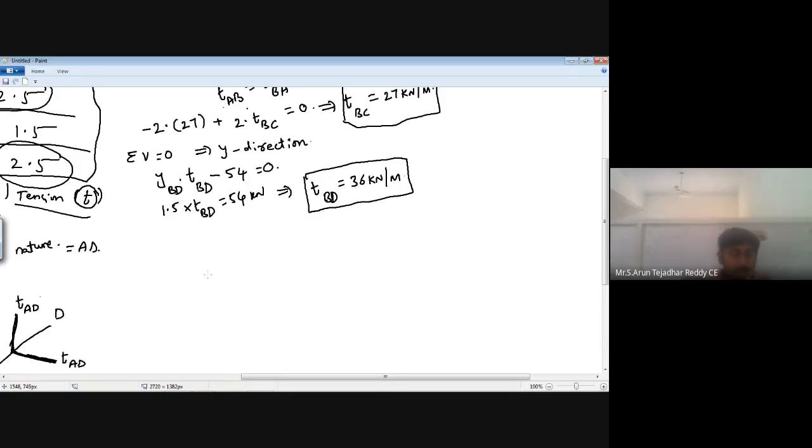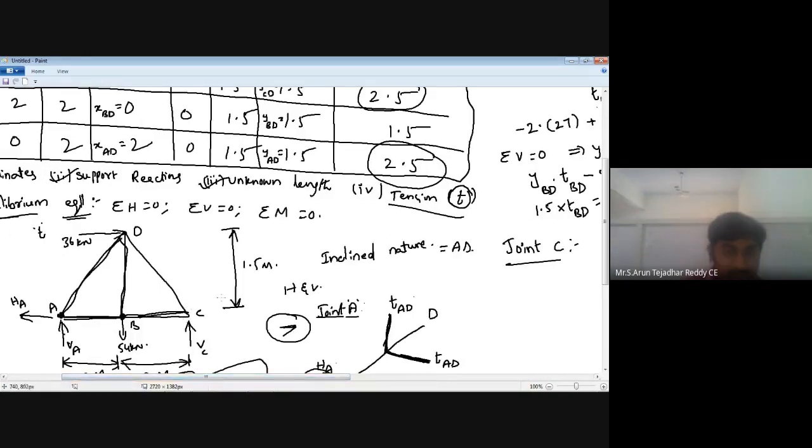Next, consider one more joint, then you will get other unknown values. Here next I will be considering joint C. So this is the joint C. How many members are acting in joint C?